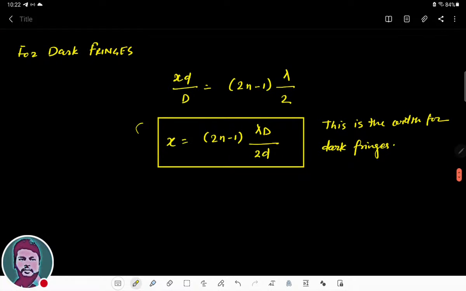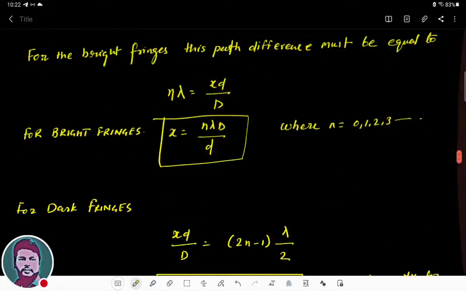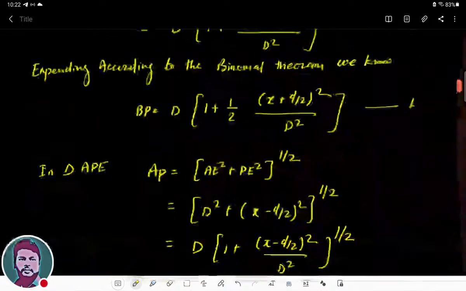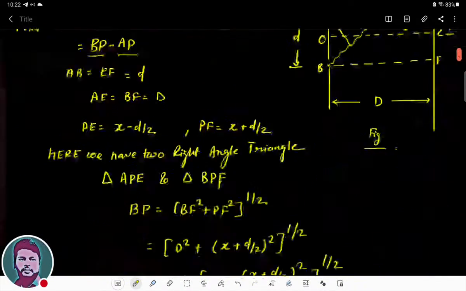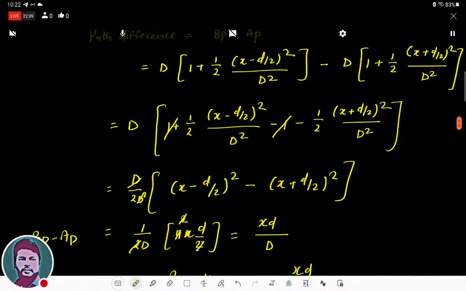Now if we compare the two, then we get that the dark interference fringes are situated in between bright interference fringes and vice versa. All right, so this is the basics.